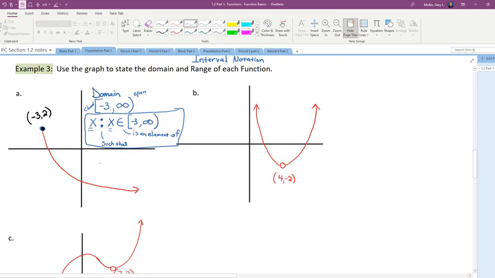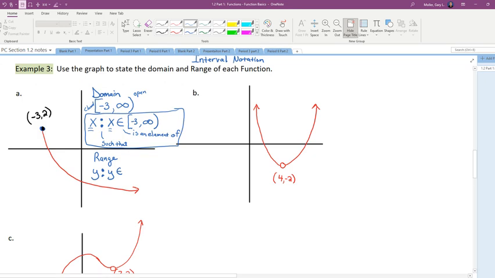In that case, let's answer about the range, and let's answer it the right way. Ranges are what kind of things? They are y values. Well, what kind of y values? The y values such that they belong to what set of numbers? And we always go from low to high.